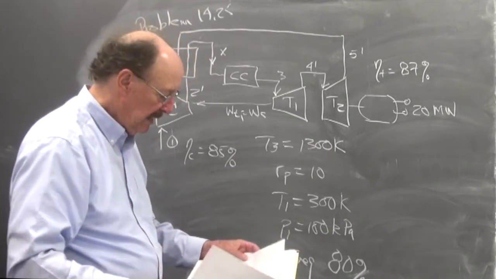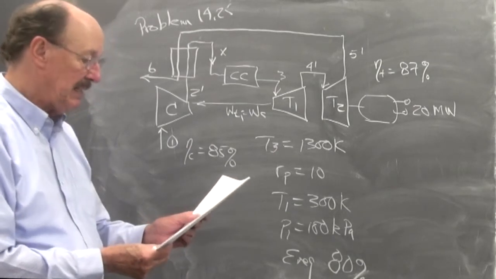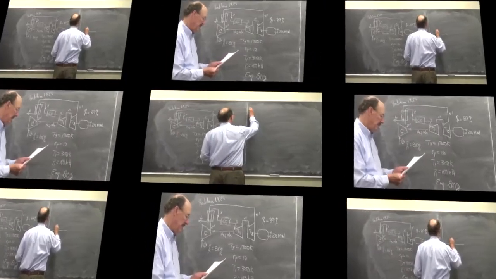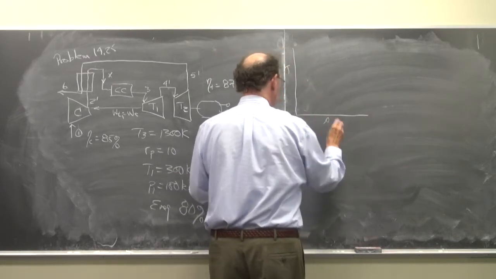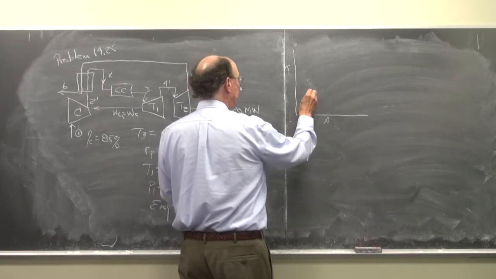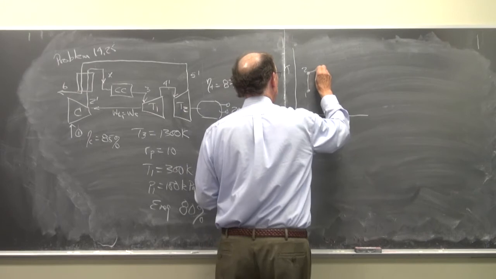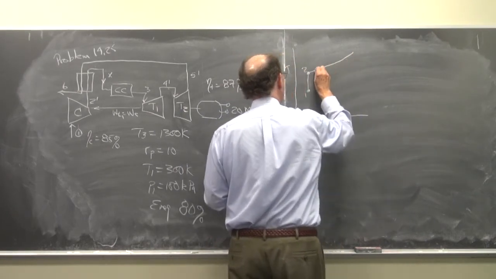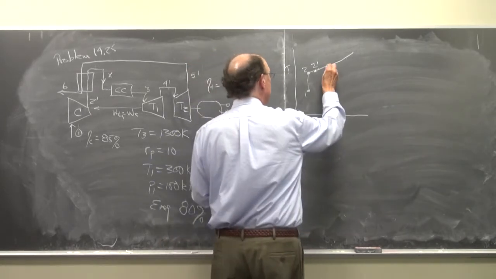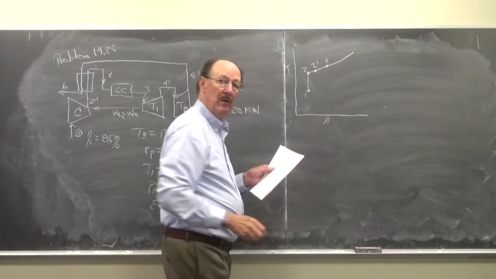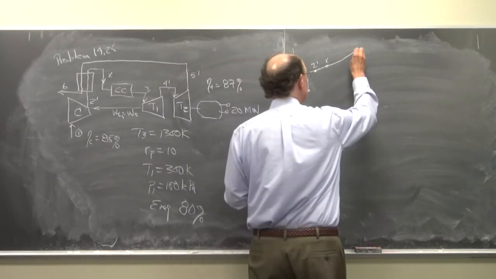And now, let's look at what the TS diagram looks like. So the TS diagram is a little more complicated. So we're going to have the ideal compression 1 to 2. It's going to 2 prime. And then it's going through the regenerator to state X. So we have the ideal going to the actual to X. We're going to state 3.